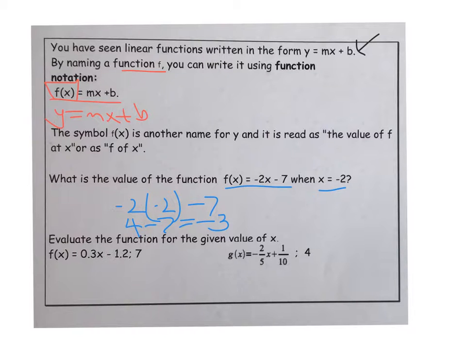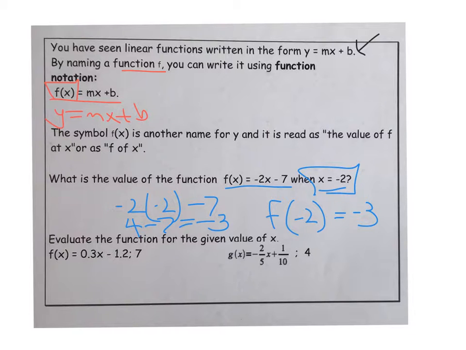The way I indicate that the function's value is -3 when x is -2 is to write it this way: f of -2 is equal to -3. And like I said, it's just a different way of writing it.